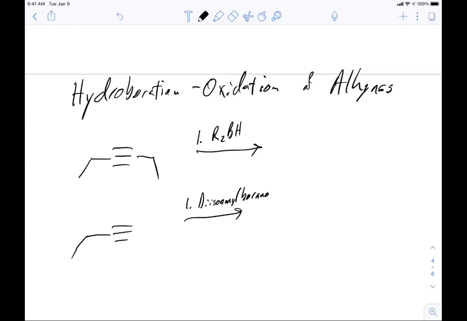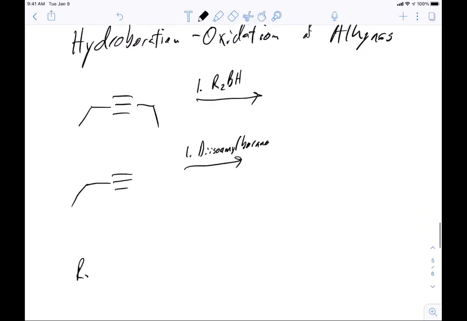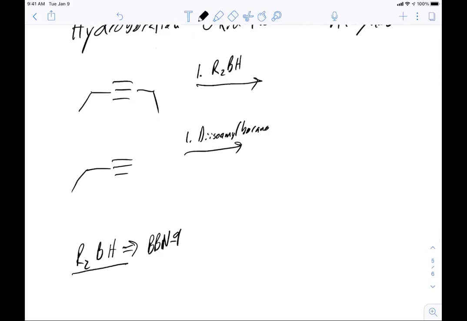So if we had diisoamyl borane, another one, 9-BBN. Sorry, I've been watching a lot of Star Wars with my kids, so I got confused with BB8. 9-BBN, again, what we have is two R groups, one boron.